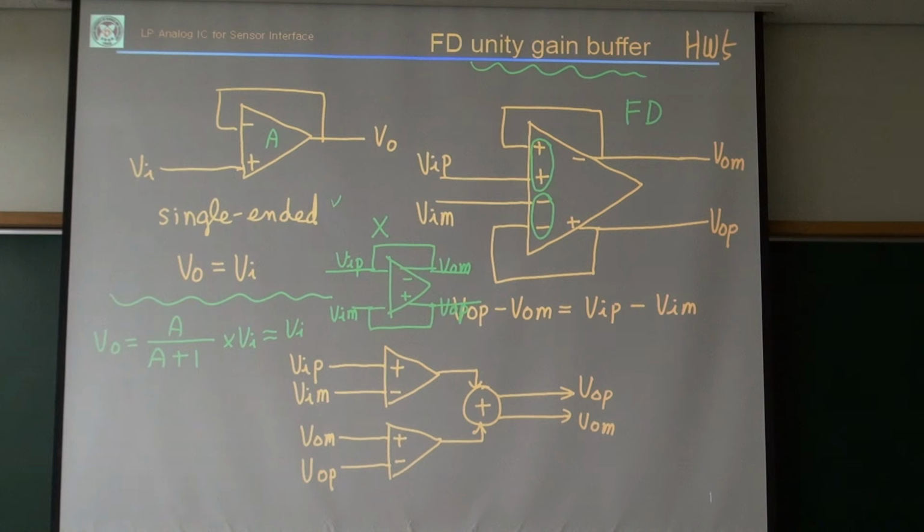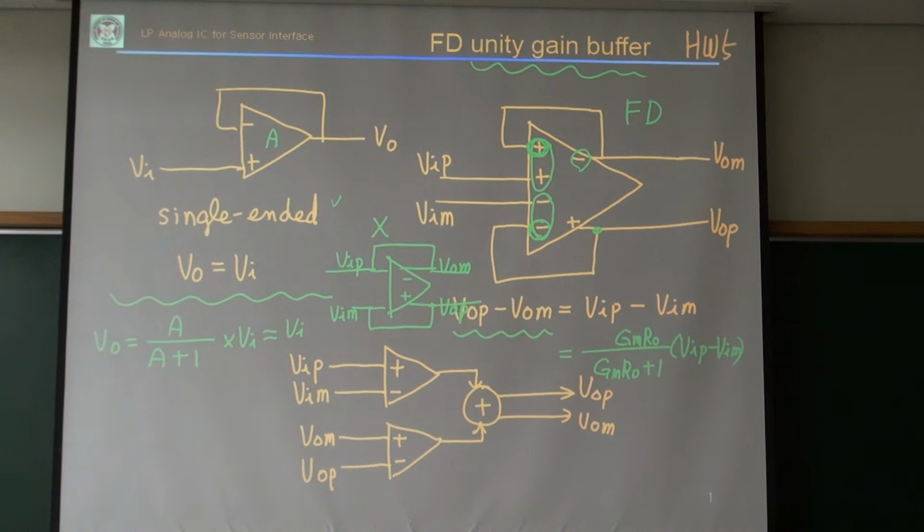We already see the differential output is just this gain, gm times ro, which is the same as the voltage gain A. If I connect one of the positive inputs to the negative output, and one of the negative inputs to the positive output VOP, then we can get a unity gain buffer.